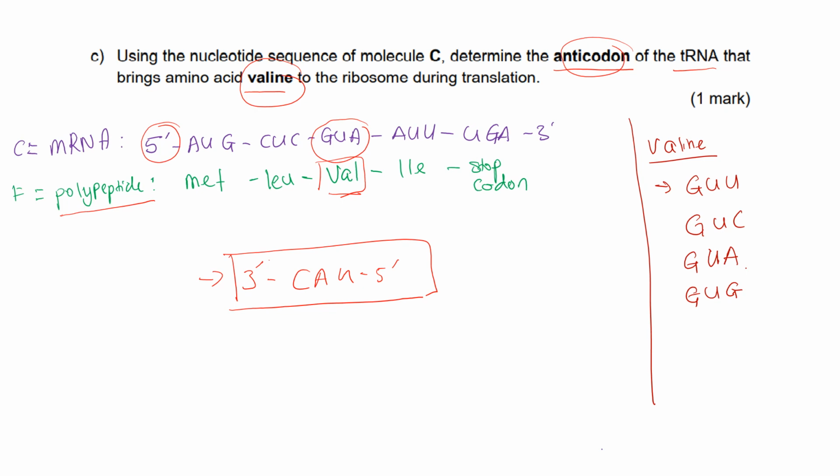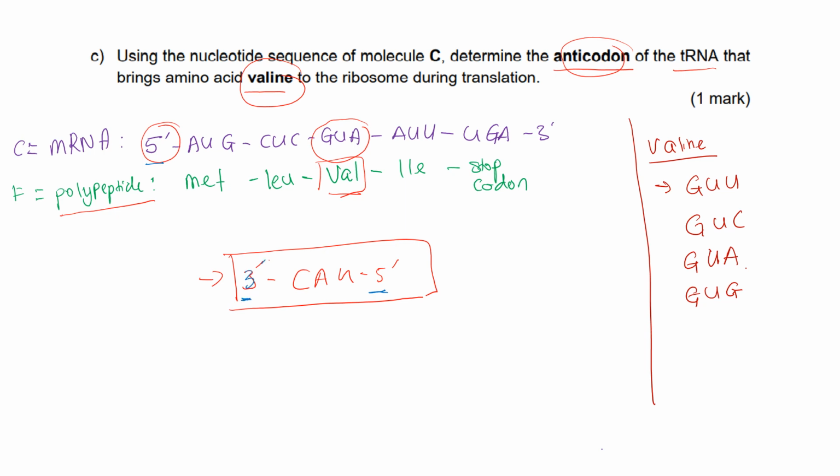So that is the anticodon of tRNA that brings the amino acid valine. Please take note that every time you write an anticodon sequence of tRNA, you must always write the two ends of the anticodon, the directionality of the two ends. Because the anticodon complements the mRNA codon, and mRNA starts with 5 prime, the anticodon has to have a 3 prime over here.